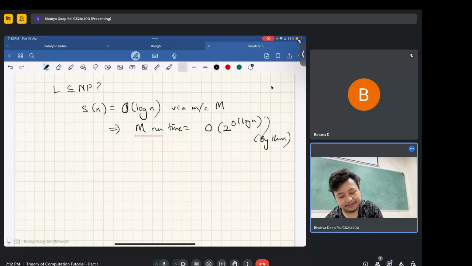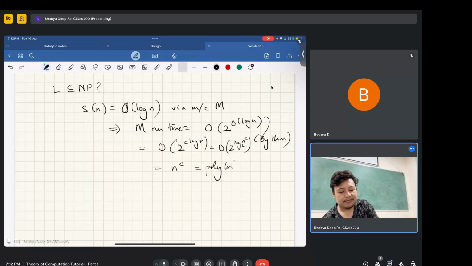Or, let's say order log n can be written as C log n, so it is order 2 to the (C log n). Because both of these are base 2, we'll just have n to the C, which is polynomial. So M runs in polynomial time.